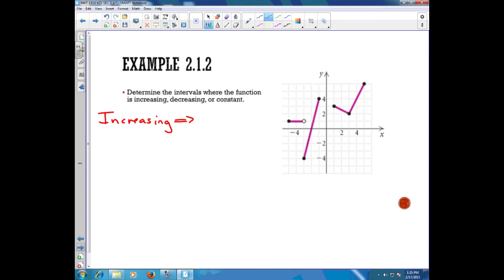And so we can see that if we start here and go up, our x value is from -3 to -1, so it's increasing from -3 to -1. But also if we look over here to the right, the function is also increasing from x equals 3 to x equals 5.